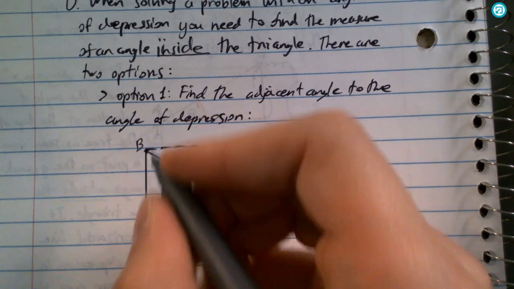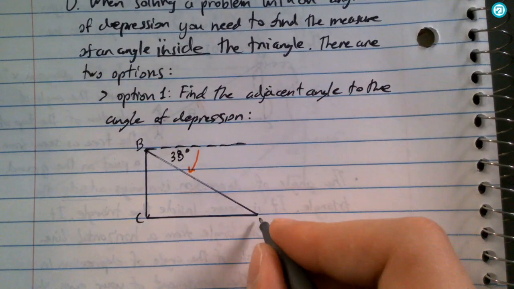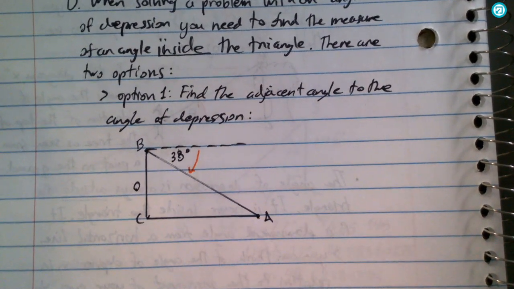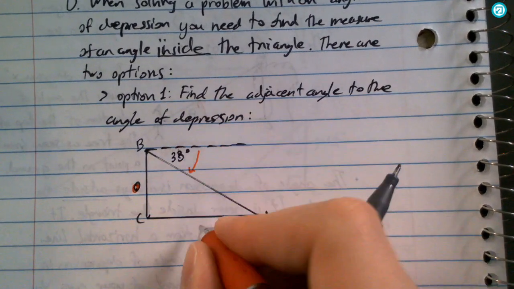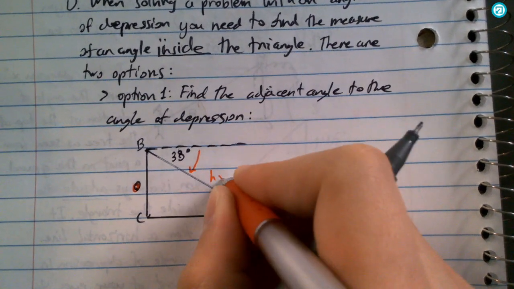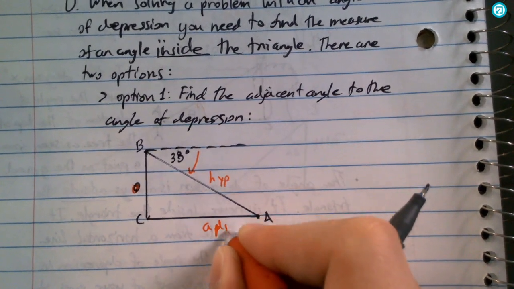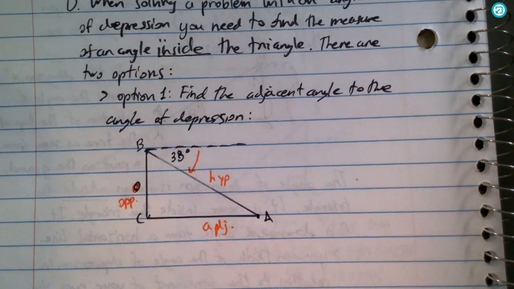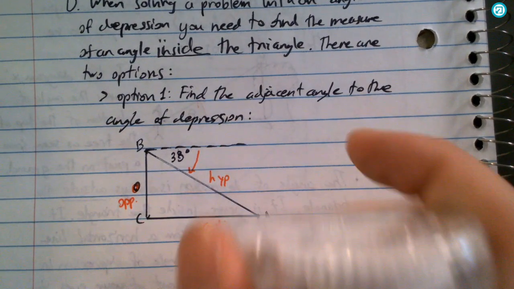This is B, this is C, this is A, this is your opposite side, your adjacent side, and your hypotenuse. I'll do the adjacent like usual, OPP, ADJ, and HYP.